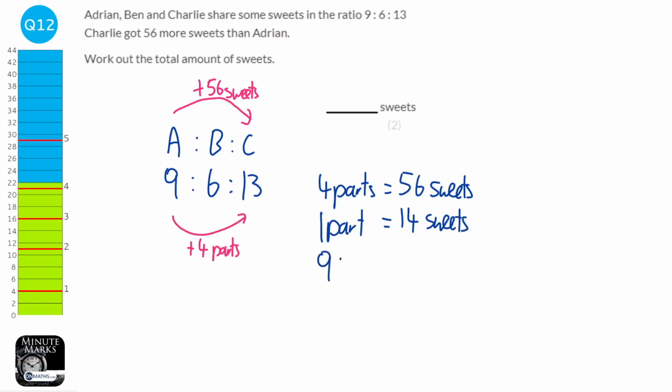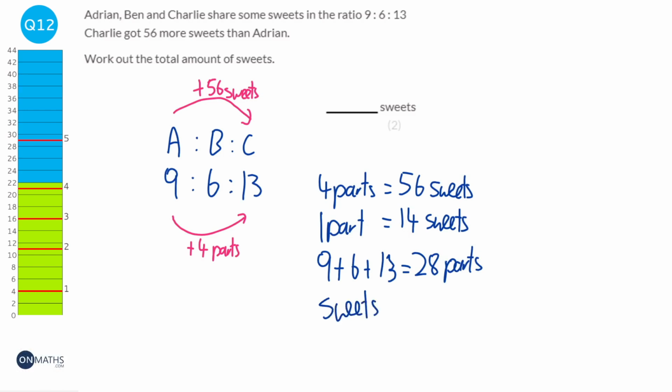Well, there are 9 plus 6 plus 13 parts, which is 28, and each part is worth 14 sweets. So the total number of sweets will be 28 times 14. So 28 times 14 is 392.